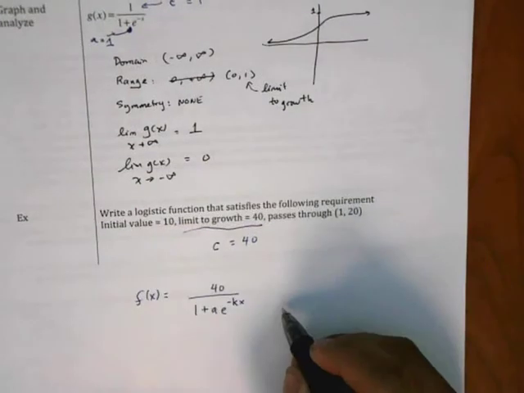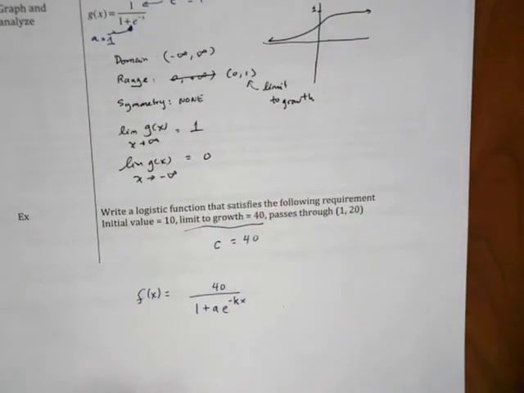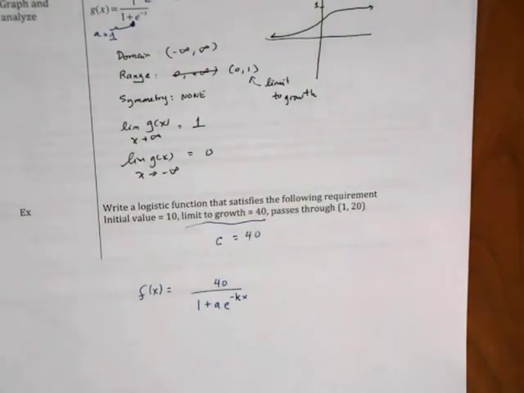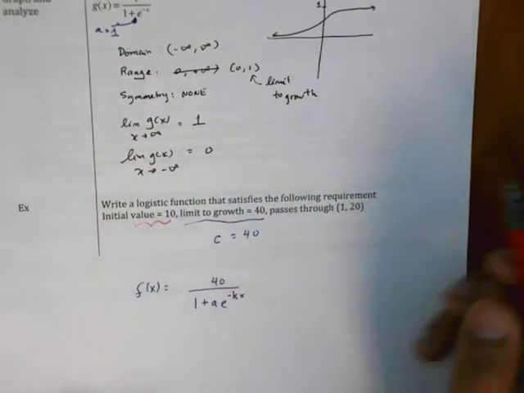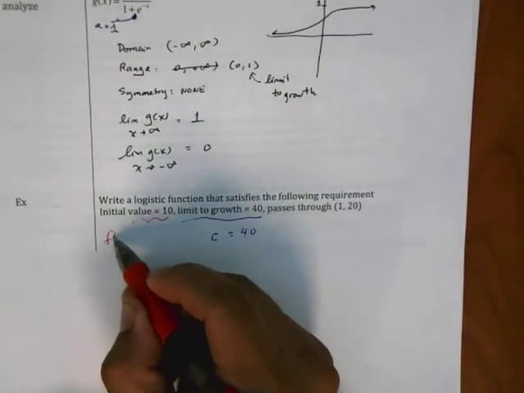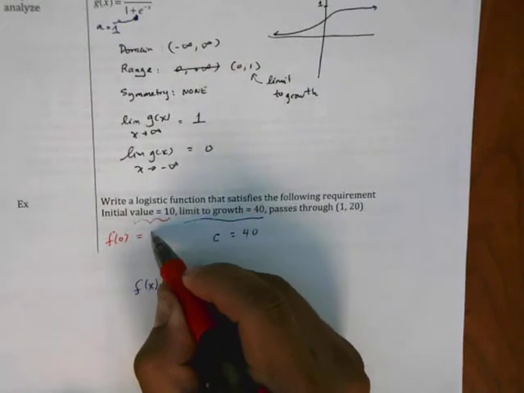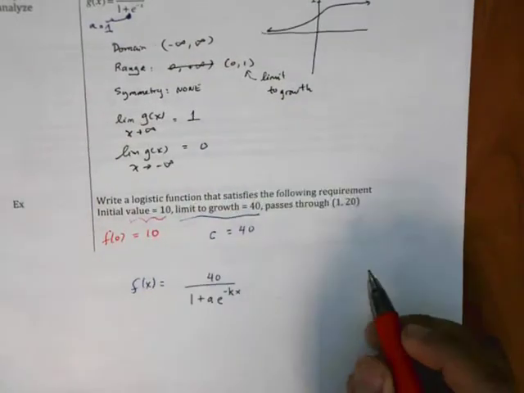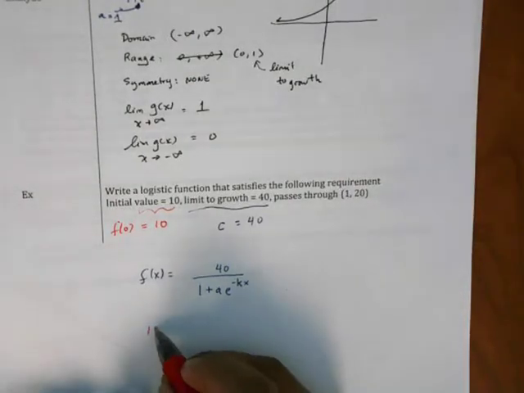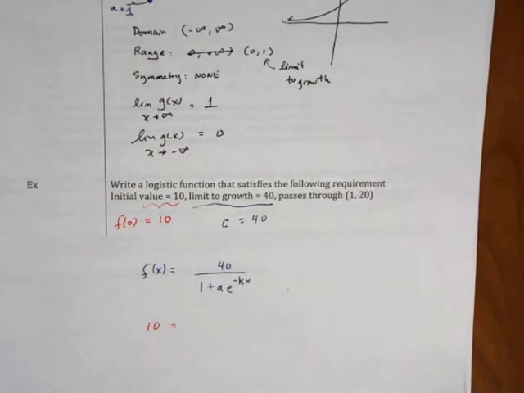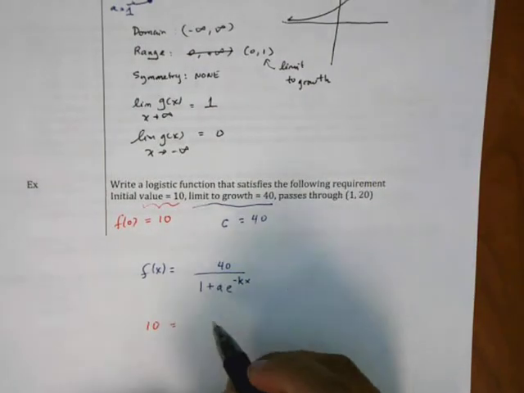Then we're going to use the next bit of information, which is the initial value. The initial value here is the starting point, so we know that f of 0 equals 10. So then I can substitute that into the function, and put 10 in for f of x, and put 0 in for the value of x.